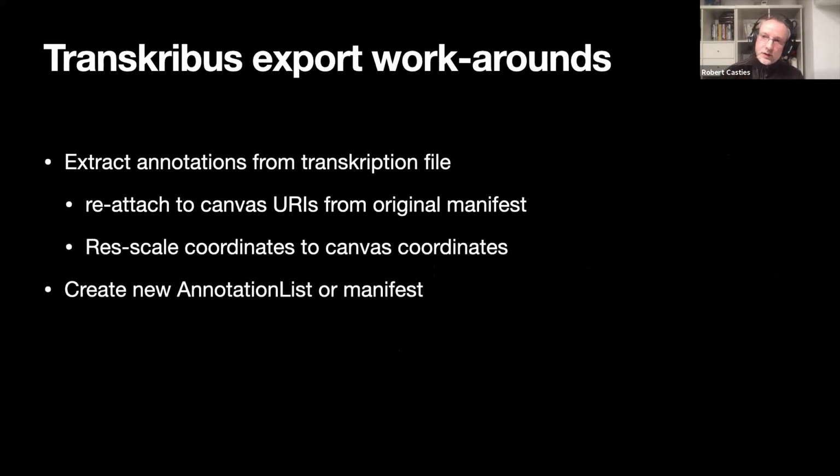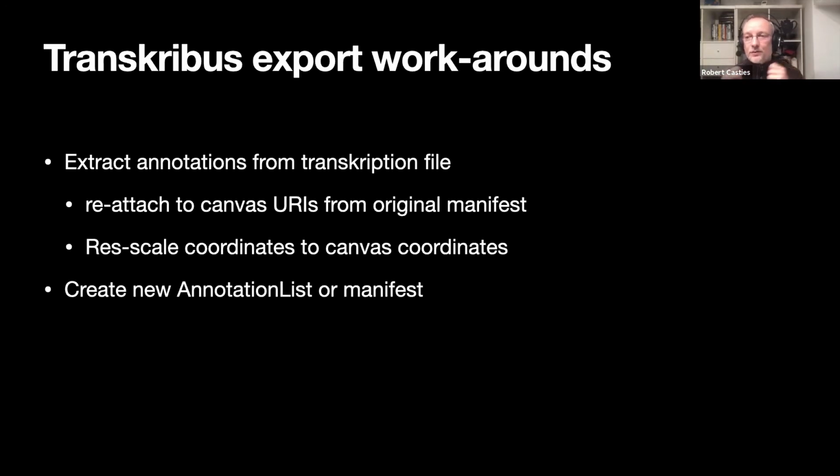As long as that does not exist, it's possible to work around by taking out the annotations from whatever Transkribus gives us. And because we also don't have the canvas URIs, we can try to find the file name that Transkribus mentions and try to reattach that to the canvas.